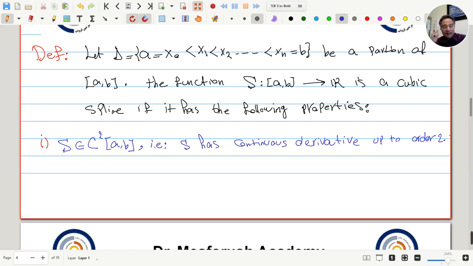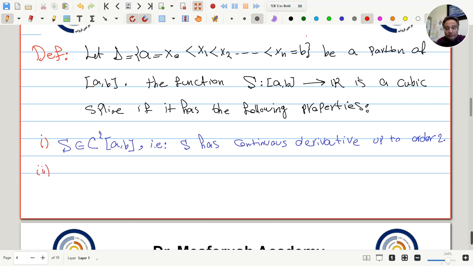So it means that S is continuous on a and b, S prime is continuous on a and b, and S double prime is continuous on a and b.